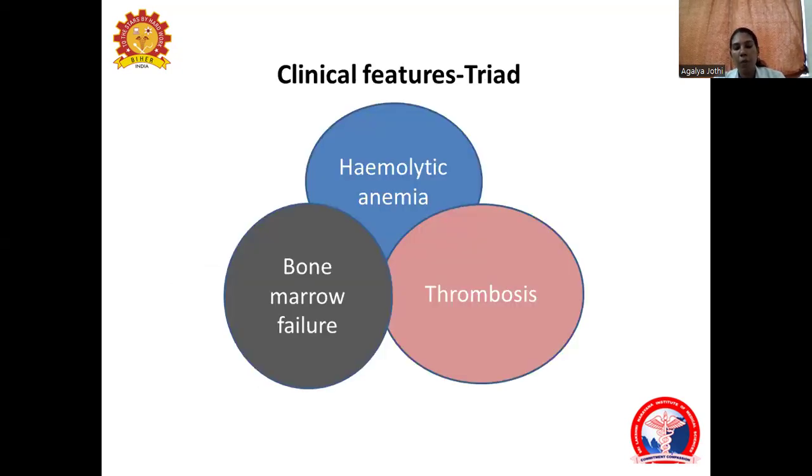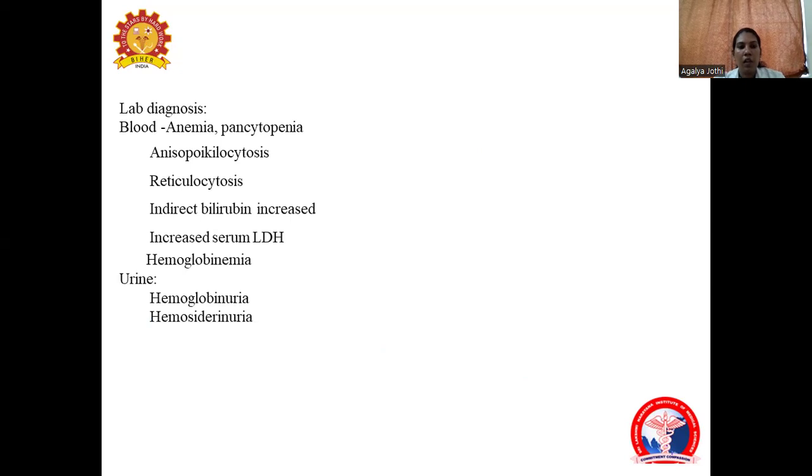The clinical triad for paroxysmal nocturnal hemoglobinuria is hemolytic anemia, thrombosis, and bone marrow failure. The laboratory diagnosis shows anemia. Because of bone marrow failure, there will be pancytopenia, anisopoikilocytosis, which means variation in size and shape of the RBCs.